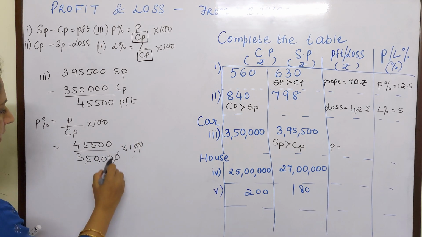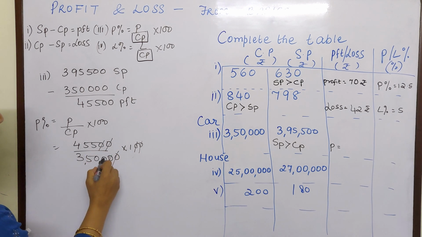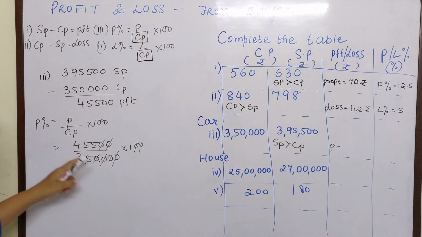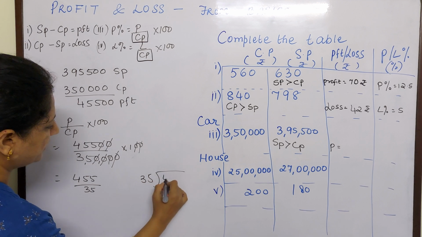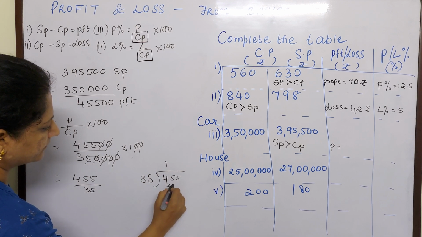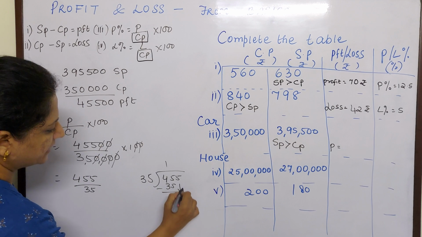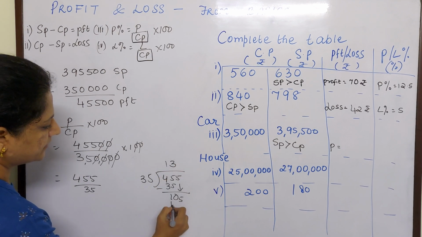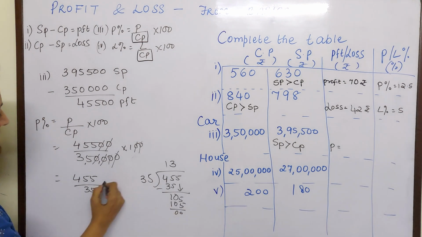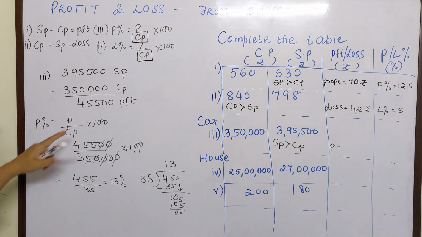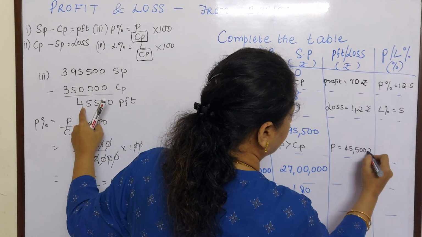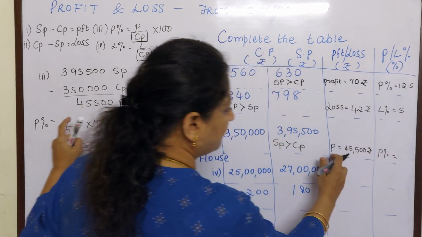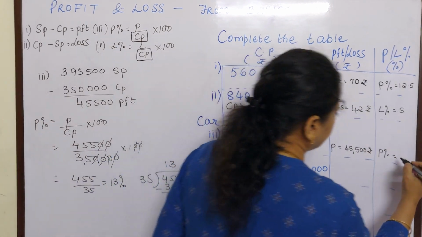If you divide 455 by 35, let us see, 35 ones are 35, 0, bringing 5 down, 35 threes are 105. So it is 13%. So our profit is 45,500 rupees and our profit percentage is 13%.